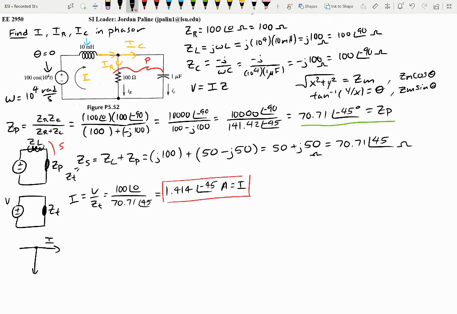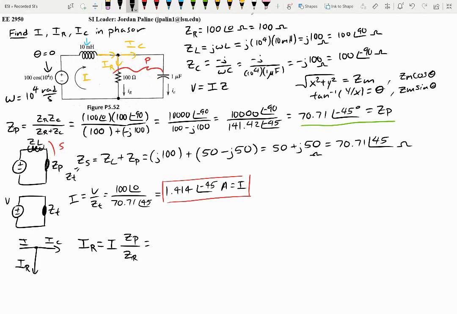This will be I of C, I of R, and this will just be I. Writing that out, if we want to find IR, that'll be I times Z parallel, because we're breaking it up between those two branches, over ZR.